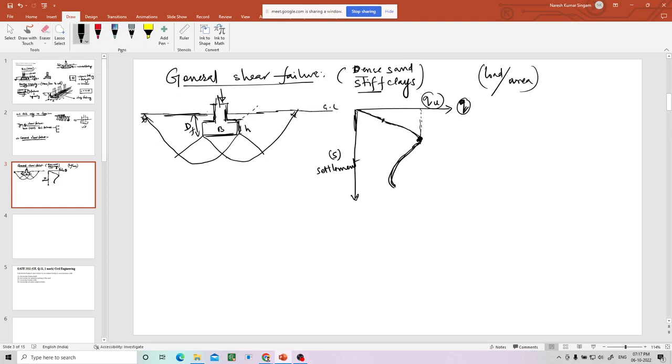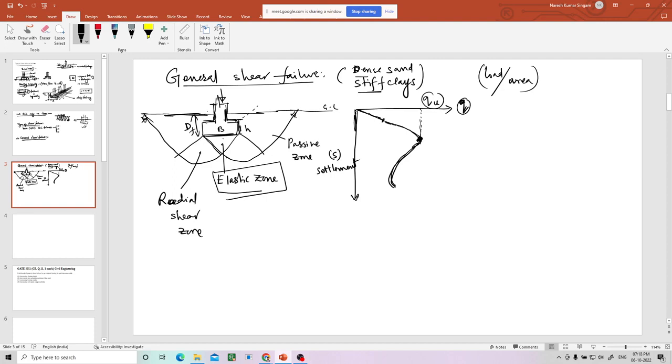This is ground level anyway. See, these are different zones. This is the elastic zone, and this is the radial shear zone, and this is the passive zone. Depending upon the response of the soil, these are called wedges.